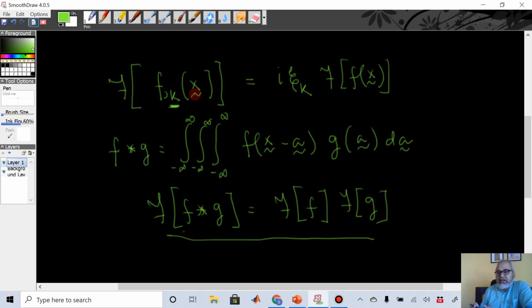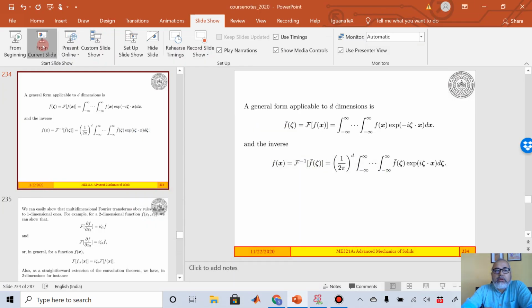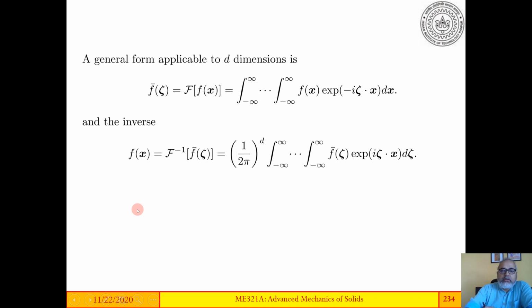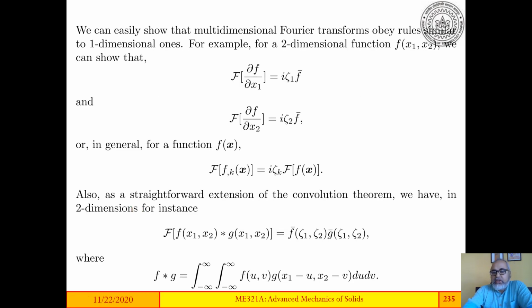If you take the derivative 2 times, say k and l, you can show that you will get i zeta k times i zeta l. That's also easy to show. This is a relation that we are going to use a lot, so it makes sense to remember them. I have written this for 2D, and for 3D it holds exactly as it is.